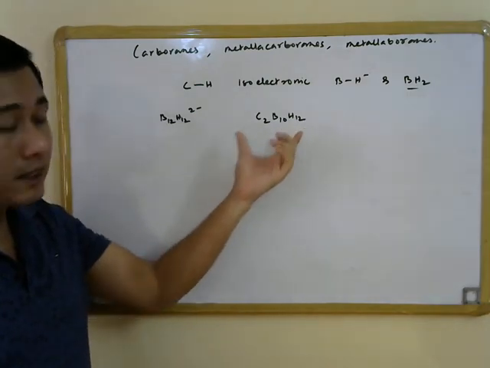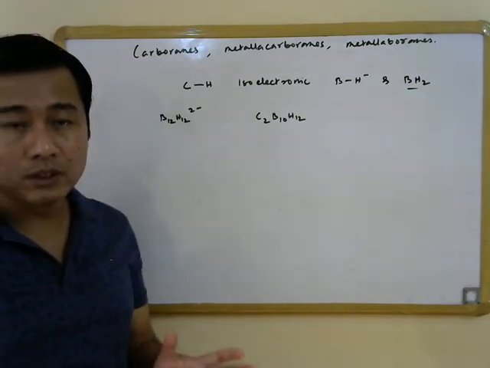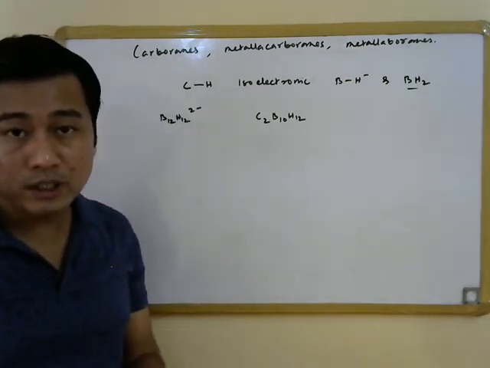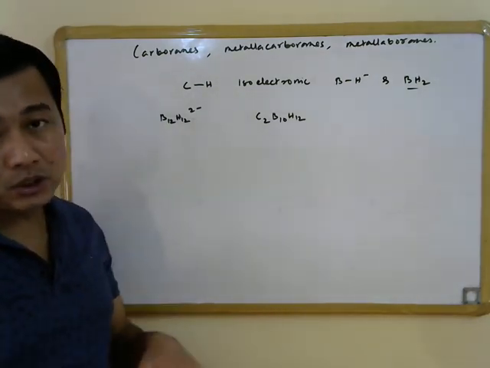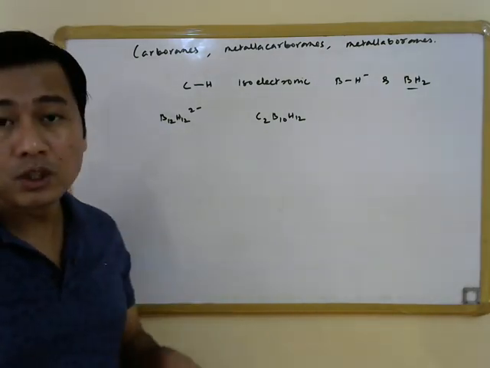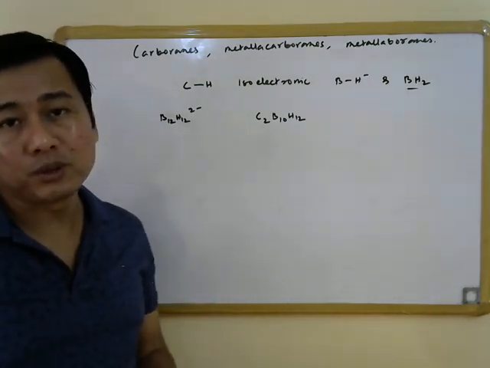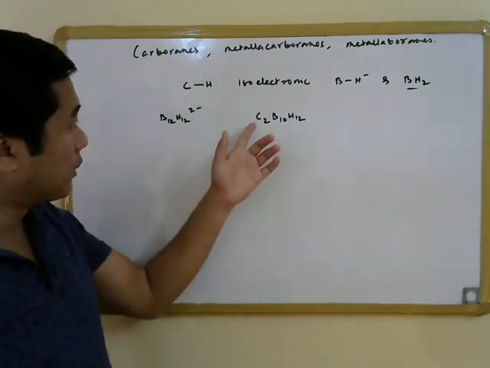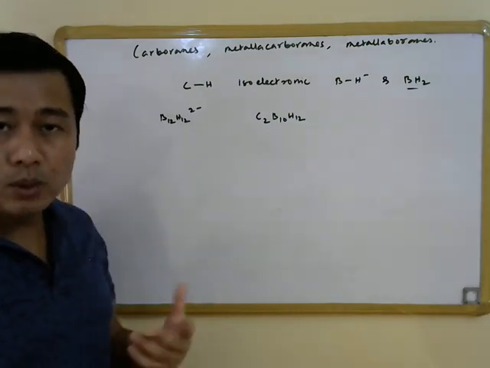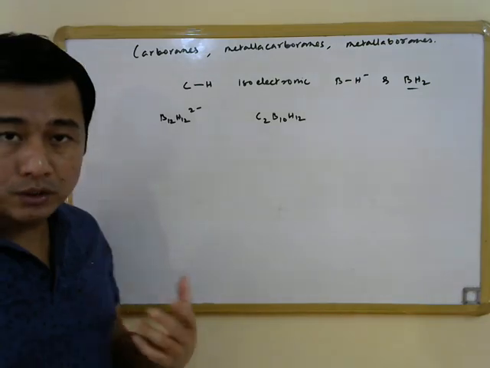And in that case, these two molecules are isoelectronic, and the structures of these two molecules are also going to be the same, because the number of atoms which occupy the vertices in both of these molecules is equal. That is, in this case, two carbon atoms and ten boron centers, so 12 atoms which can occupy the vertices, and here we have 12 boron centers.